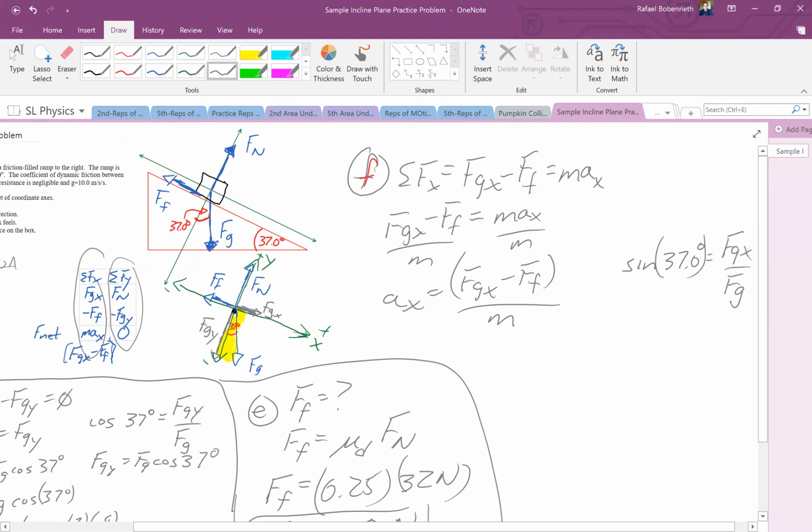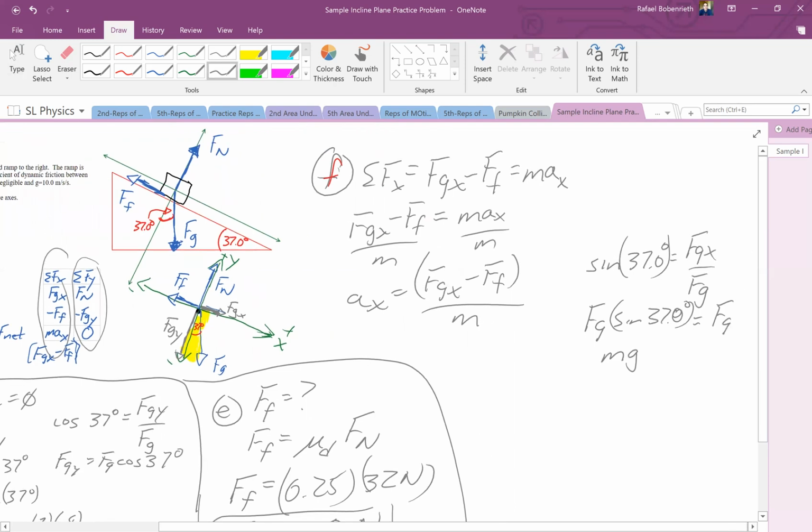That's what my triangle shows me. So when I solve for Fgx, that's just Fg sine of 37.0 degrees. And again, we know that Fg is mass times the acceleration due to gravity. So in other words, mg sine of 37 is going to equal our x component.